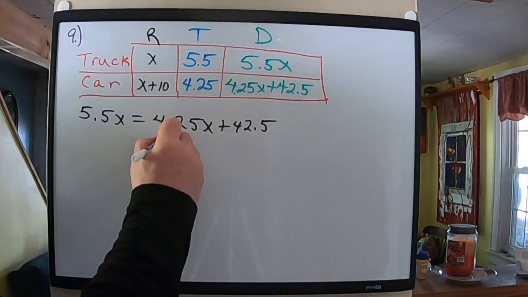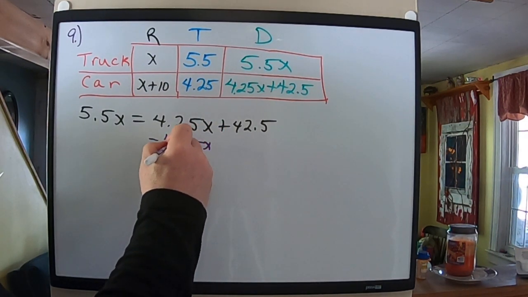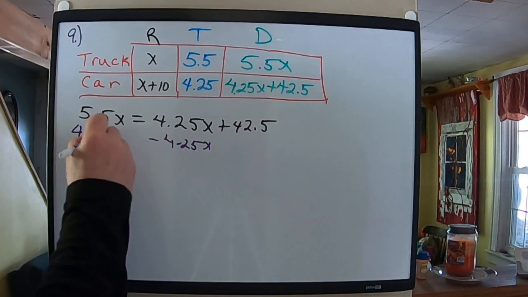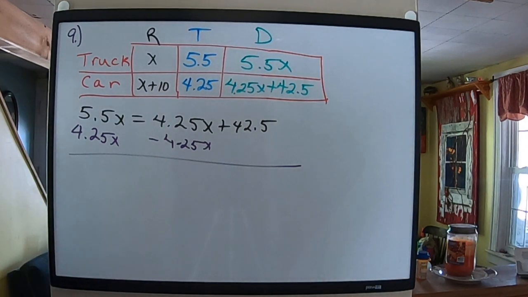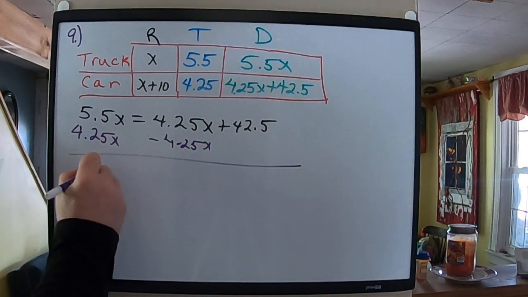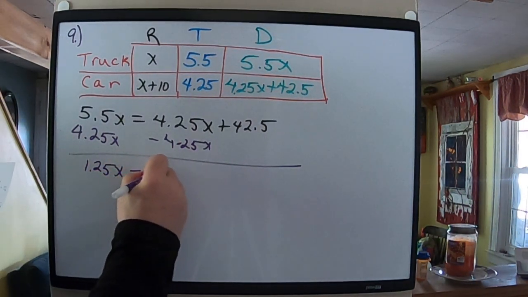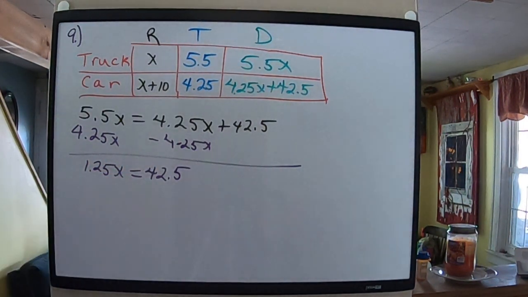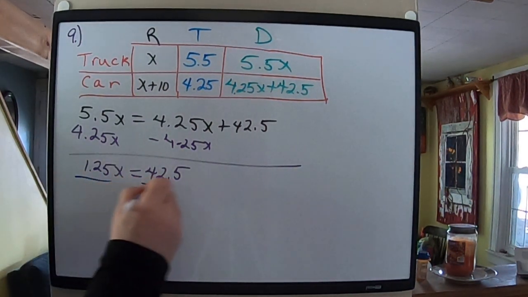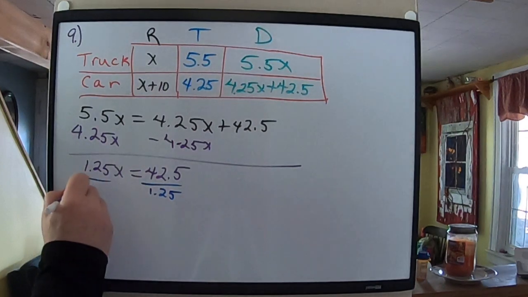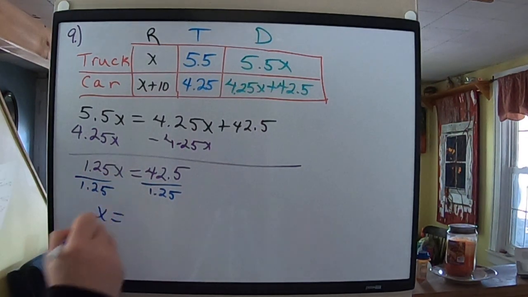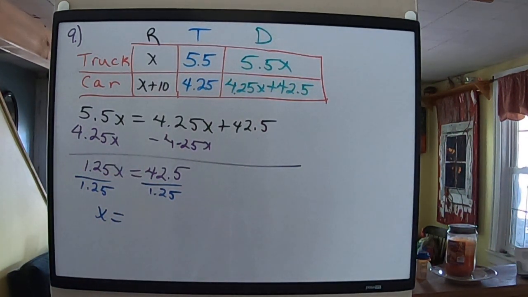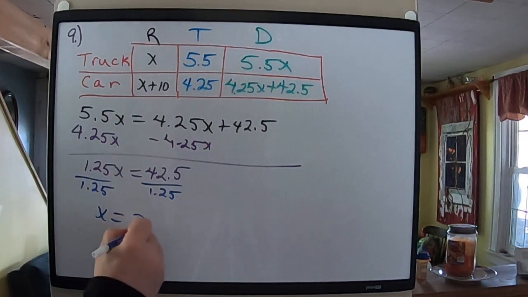I'm going to subtract 4.25x from both sides. So that gives me 1.25x equals 42.5. And then when I divide both sides by 1.25, x ends up as 34.